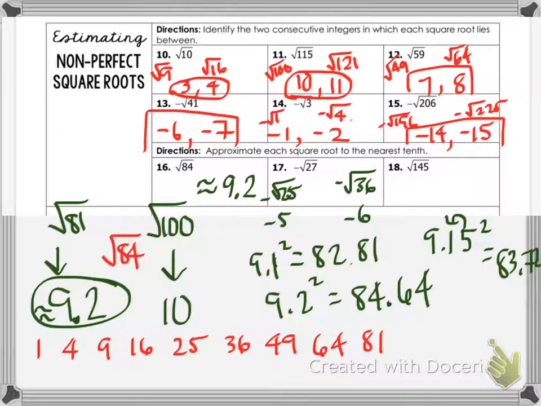Let's try out 5 and 15/100 again, times 5 and 15/100. When I do that, 5 and 15/100 squared gives me an answer of 26 and 52/100. So I can say this answer is approximately negative 5.2.